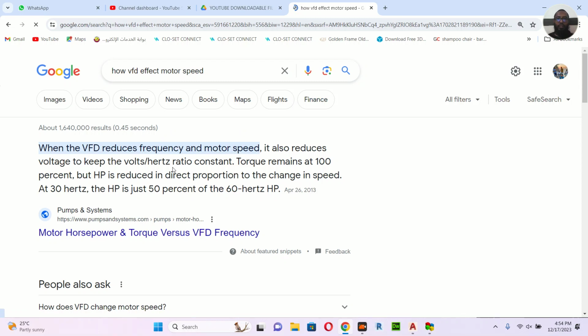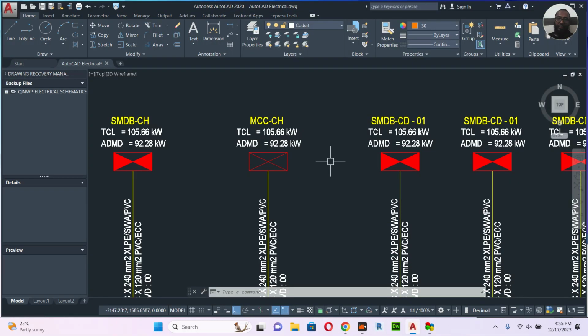When the VFD reduces frequency and motor speed, it also reduces voltage to keep the volts-hertz ratio constant. Torque remains at 100%, but HP reduces in direct proportion to the change in speed, for example at 30 Hz. So it's changing the speed also. If I am not wrong, just check again. The HP is just 50% or 60% and many other things. Read it. Generally, it will control the speed.